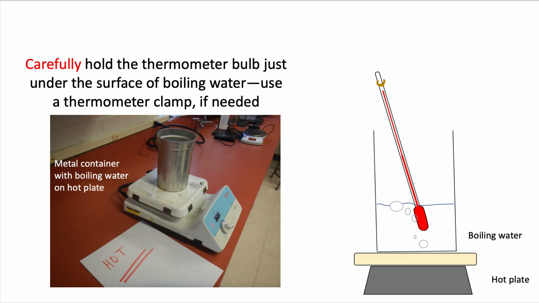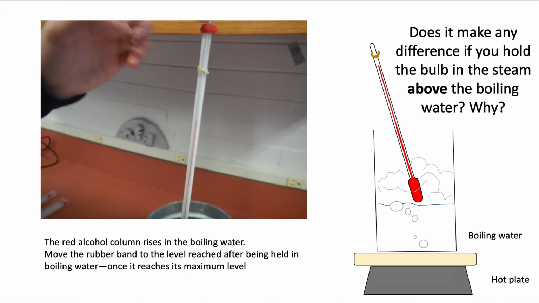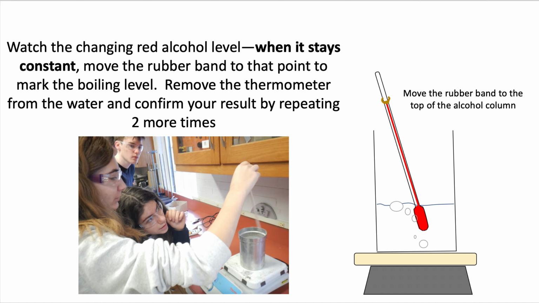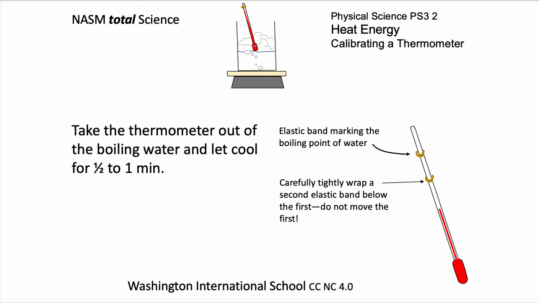And you just move the rubber band to that height so you've marked it. Also try and see if you're holding it in the steam above, does that give a different value and why? For the best value, you're going to repeat twice: take it out, let the alcohol level drop, and either put it in the steam or in the water to confirm your level.